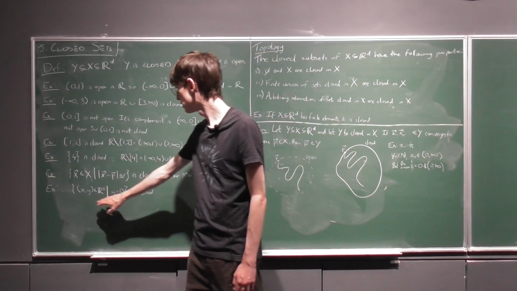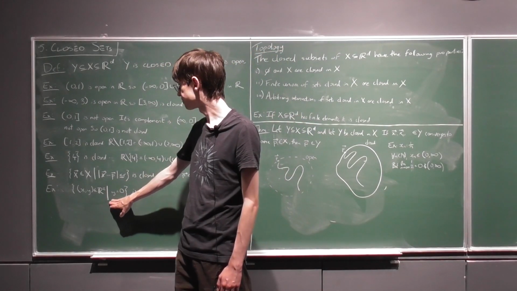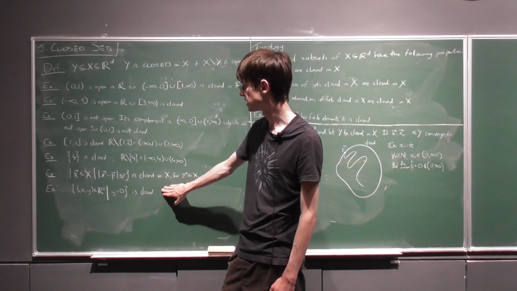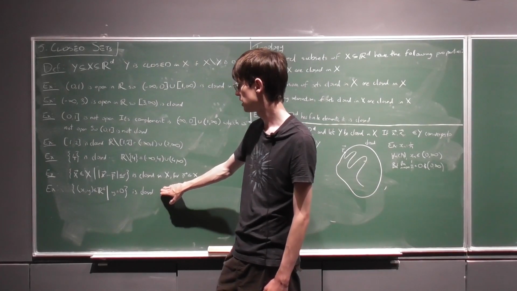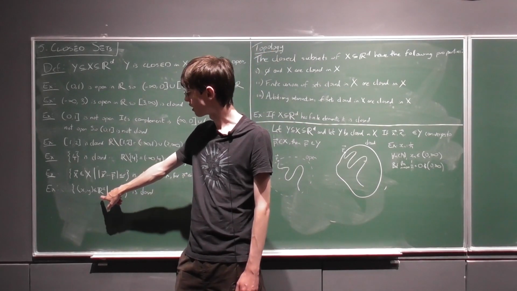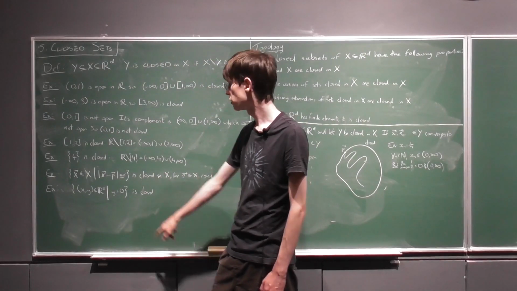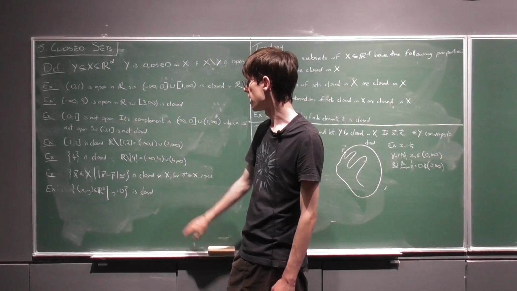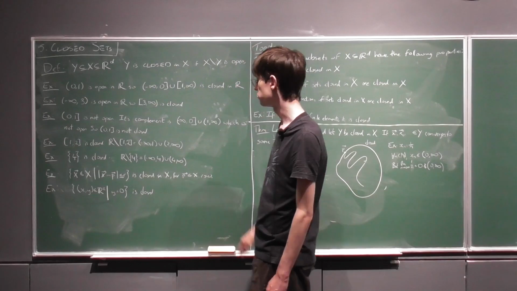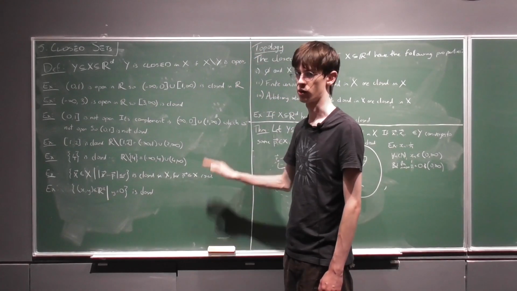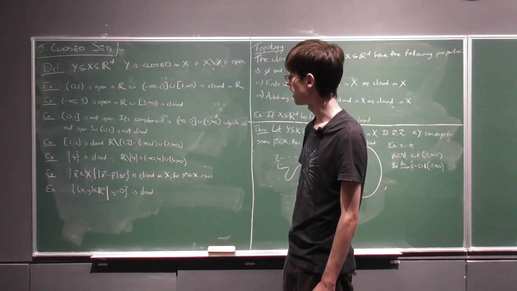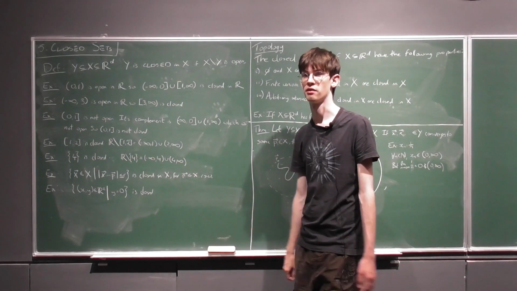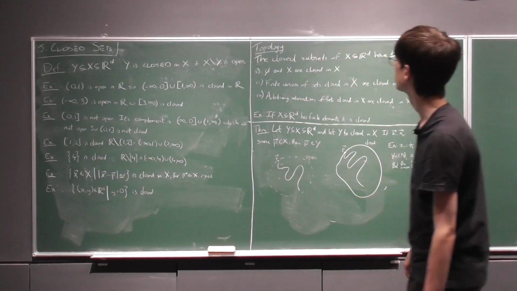And for example, you can check this set is also closed. It's all the points in R^2 where y is 0, so just a line. The complement would be the upper half plane and the lower half plane, the union of those two, which is of course the union of two open sets, so it's open.